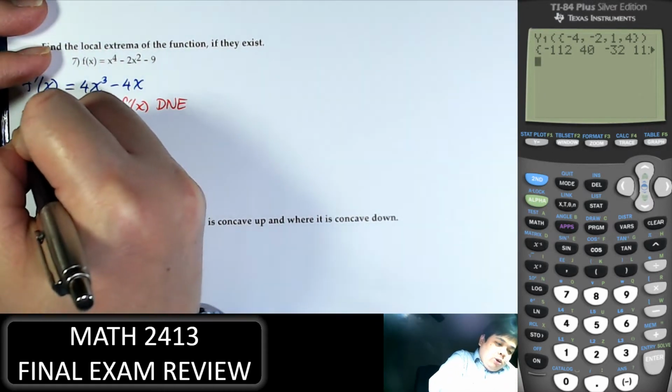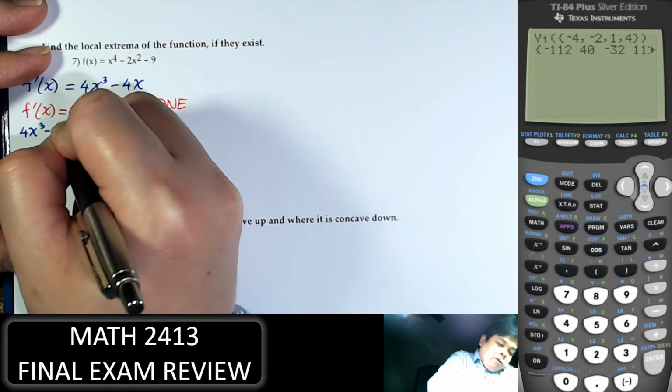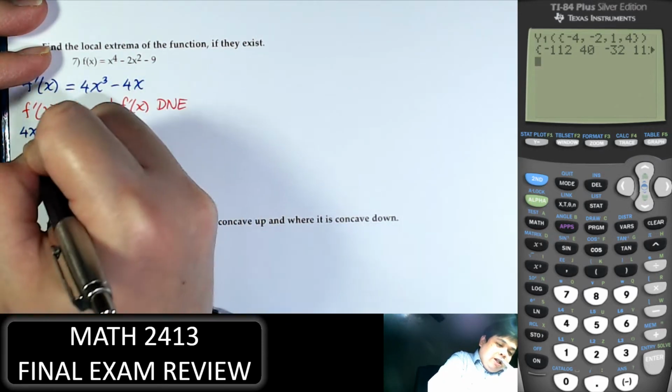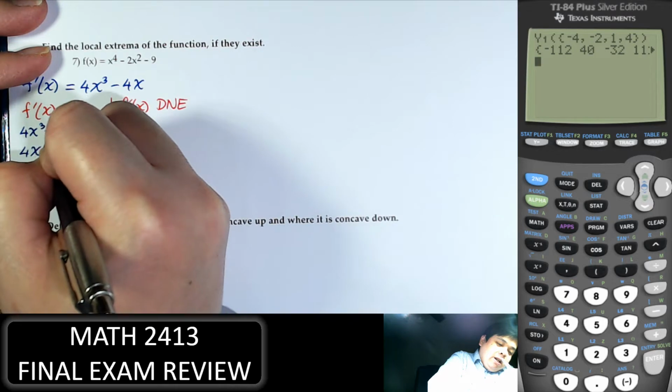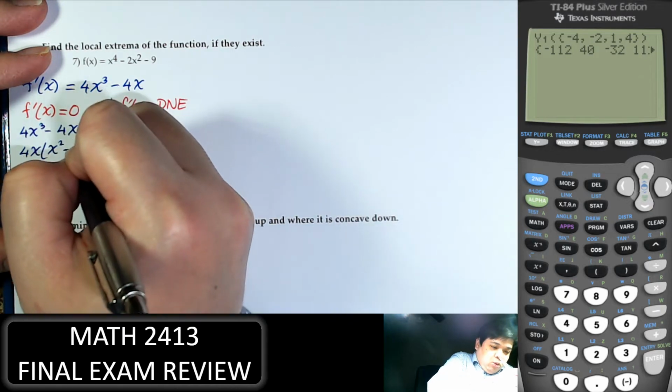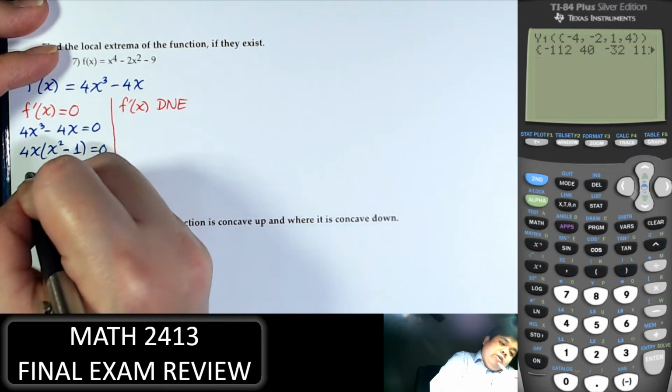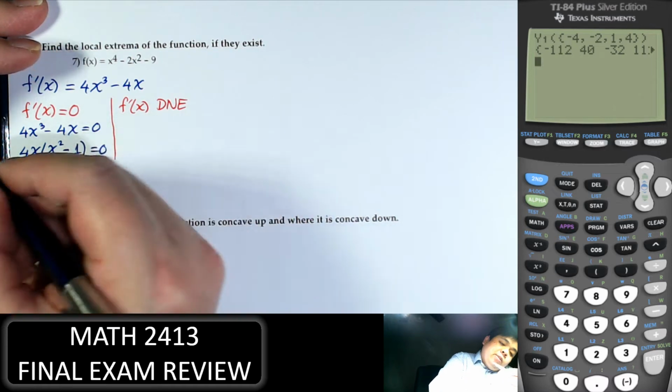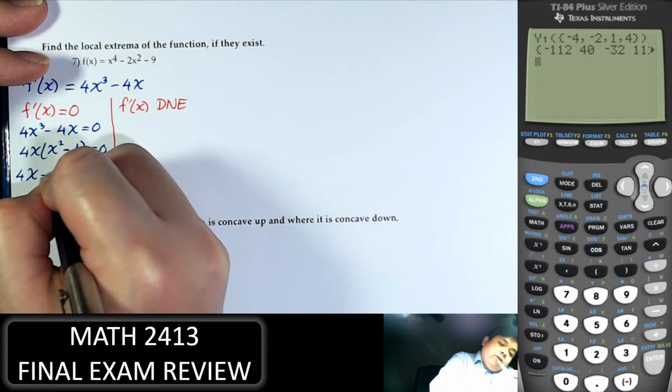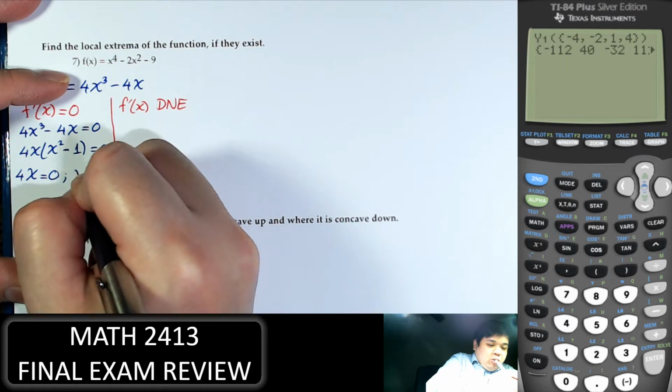So 4x cubed minus 4x equal to 0. So for x, x squared minus 1 equal to 0. So we have x equal to 0, or x squared minus 1 equal to 0.